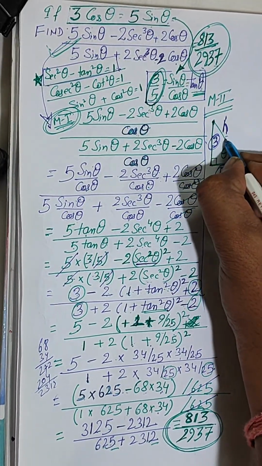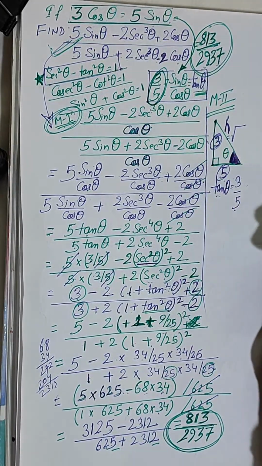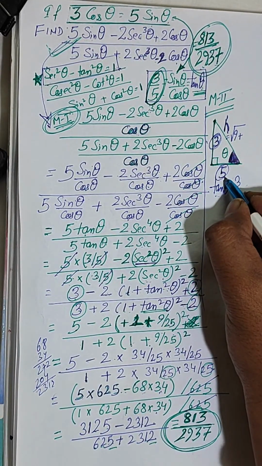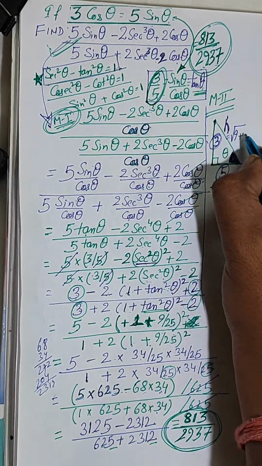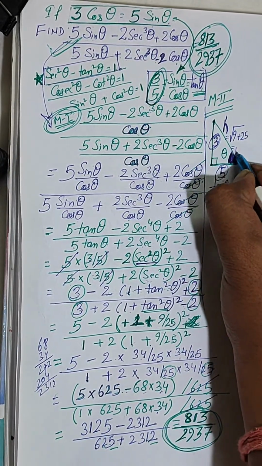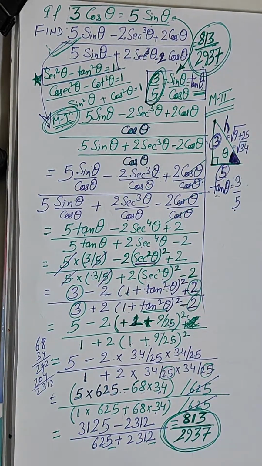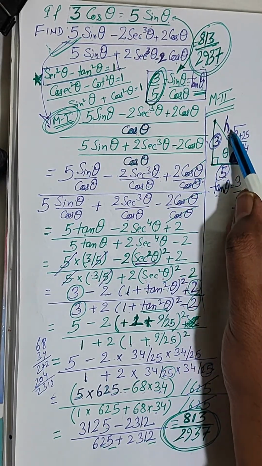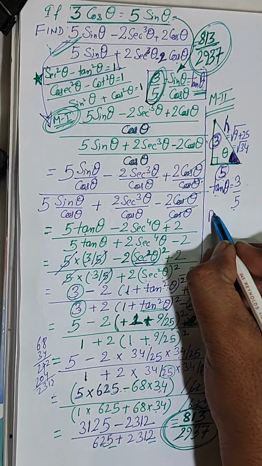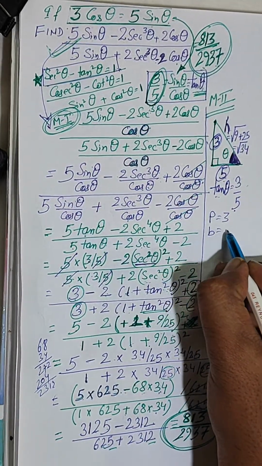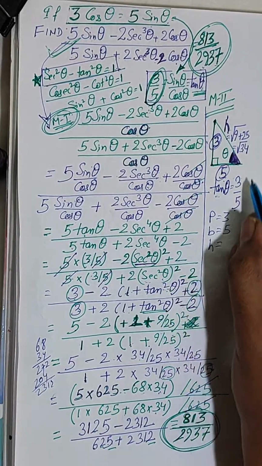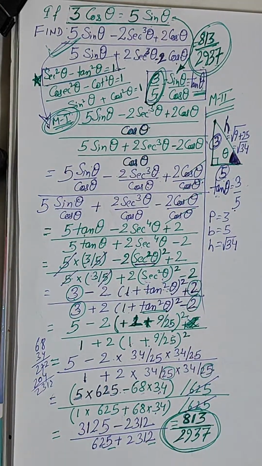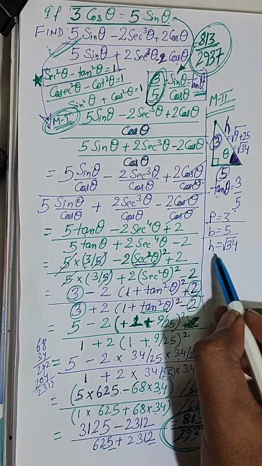So h will be root over 3 square plus 5 square. So that is 9 plus 25. This will give you root 34 as the value of h. Now you know p, you know b, you know h. Perpendicular is 3, base is 5, and h is root 34.